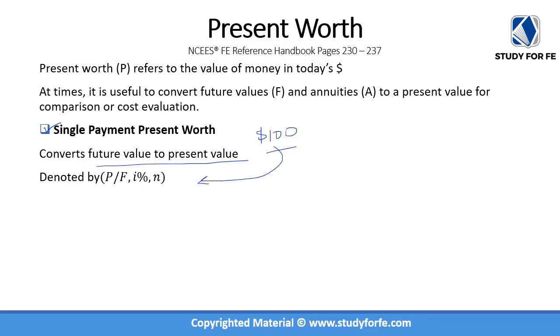As you know, money loses value over time, right? So the $100 10 years from now will actually not be the same as $100 today. So you will use the single payment present worth factor in order to calculate that. So you want to calculate P given F, okay, so this is how you can read it, with an interest rate. This interest rate would be specified, and N, I already told you, is 10.